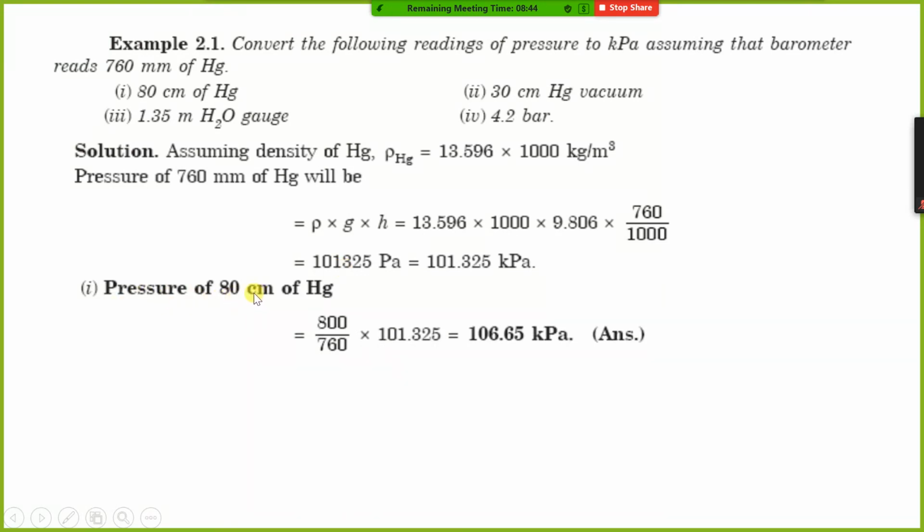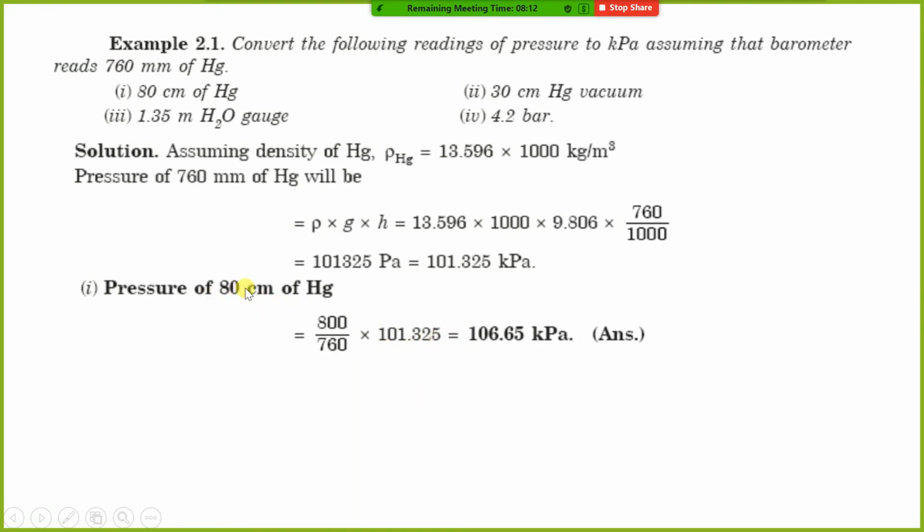Now the pressure of 80 centimeter of Hg. First of all, convert 80 centimeter of Hg into mm of Hg. It will be 800 mm of Hg. Therefore, 800 divided by 760, and multiply it by 101.325 kilopascal.